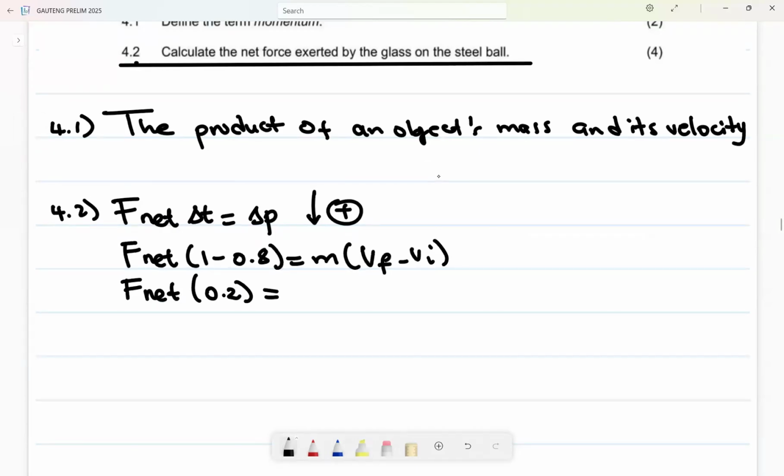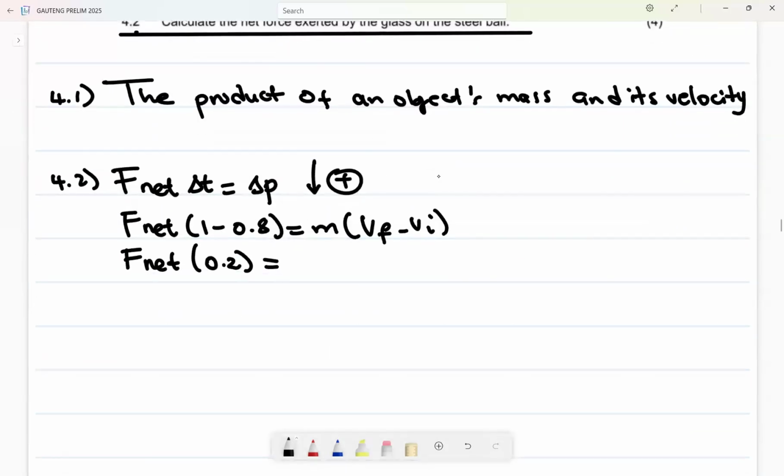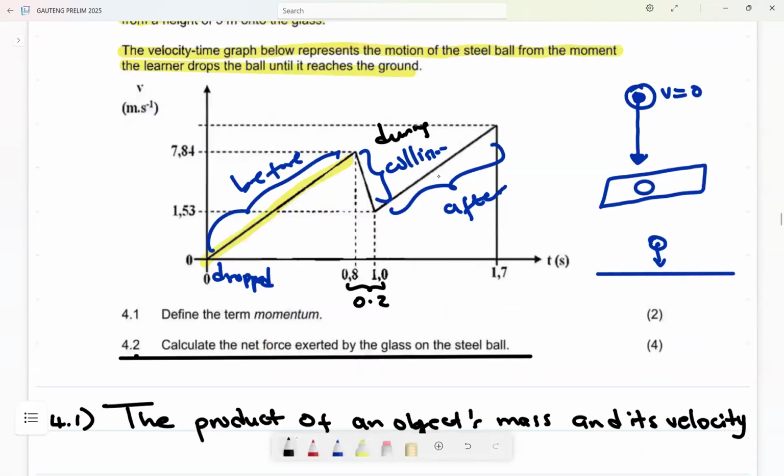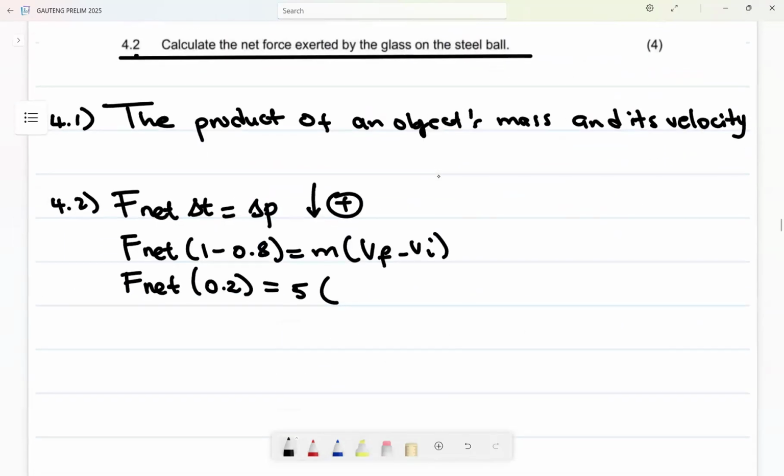My mass, they told me, is 5 kg. My V final is the velocity just after the collision, and my V initial is the velocity before the collision. So I'm going to say my V final is 1.53 and my V initial is 7.84.